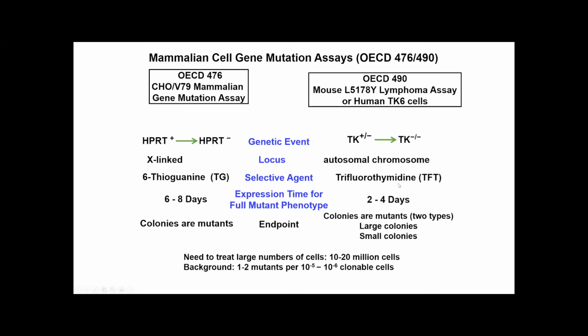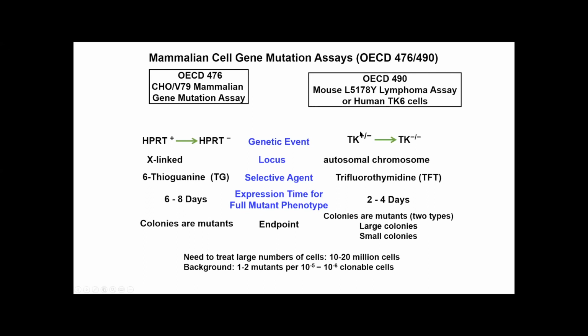The selective agents for these mutations are 6-thioguanine for HPRT and trifluorothymidine. So what 6-thioguanine does is it gets incorporated into the DNA and kills all the wild type cells. And basically the cells that are mutant survive, and you can count them as colonies. Same over here, the trifluorothymidine gets incorporated into the DNA. It's a false DNA substrate.